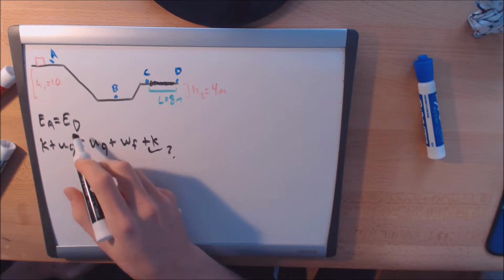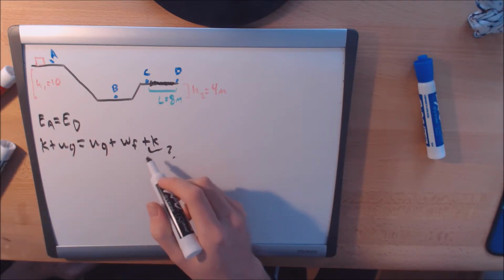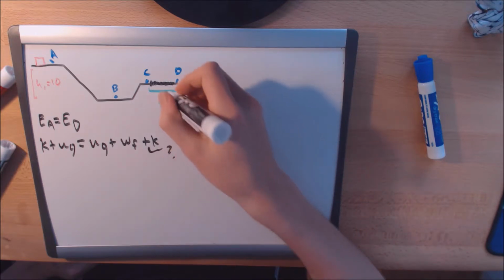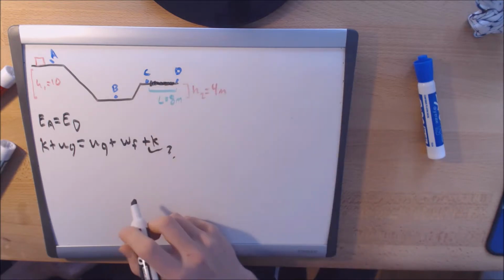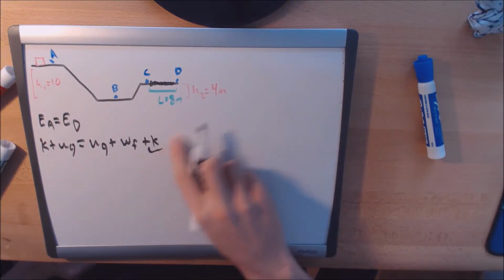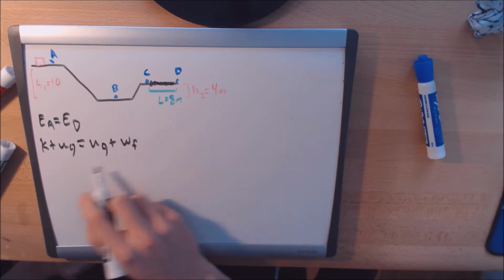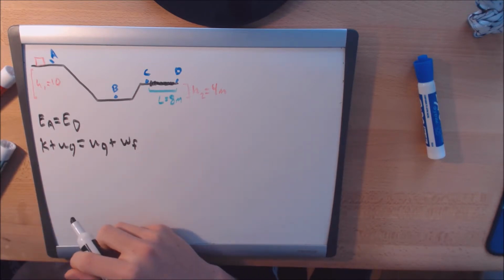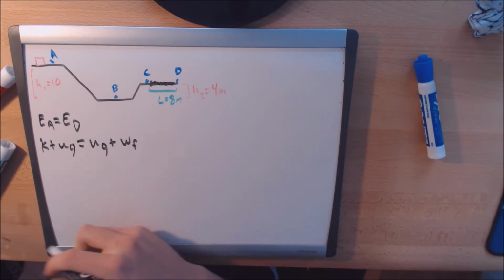And if the energy at D is greater than the energy at A, we know that it actually stopped somewhere in the middle and not at D. So we're going to leave the kinetic component out, and the way this problem works out is going to lead us to find if that kinetic component even exists.